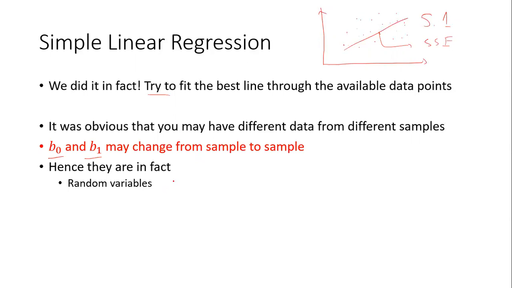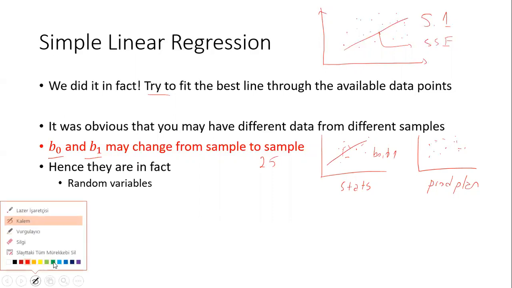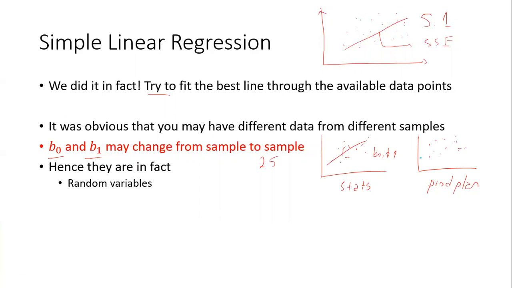Because, for example, if you take 25 guys and plot them, and then find a line with B0 and B1, and then go to another class, let's say this is our statistics class, and this is the production planning class, okay? If you find another 25 guys and plot the line, then the line that you will find is a bit different from the other. So B0 and B1 here are different from the B0 and B1 here.